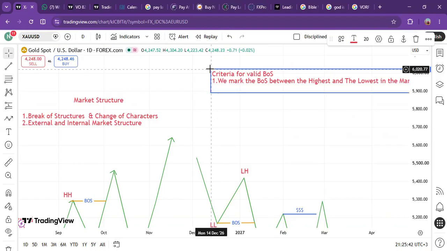Second point will be imbalance. We must spot imbalance. I'll tell you what that means.